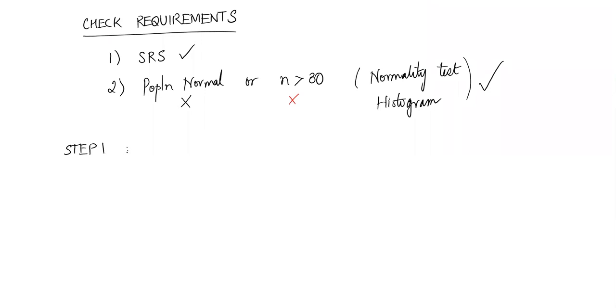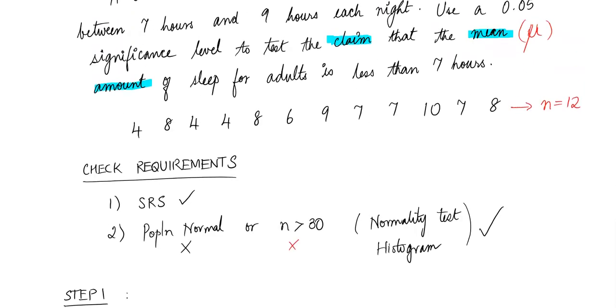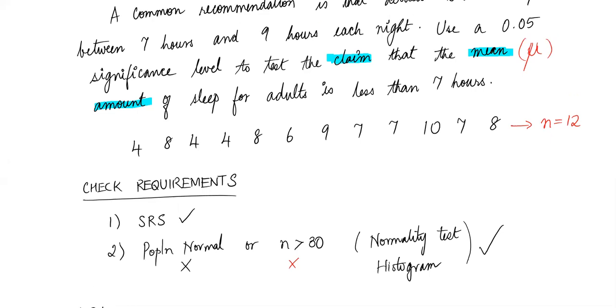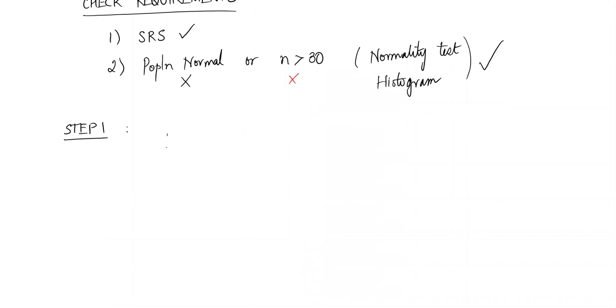Step 1. I'm not going to write what that step is, so we'll directly write the result for that step. Step 1 is to write the claim. The claim is mean amount of sleep for adults is less than 7 hours. So remove all the clutter and just write what you need to translate into the symbolic form.